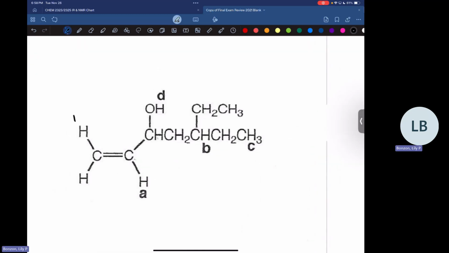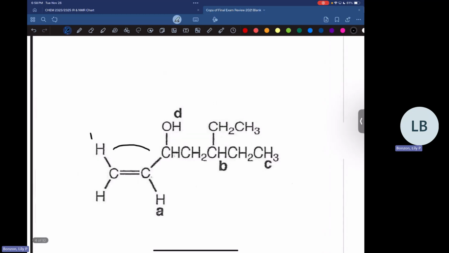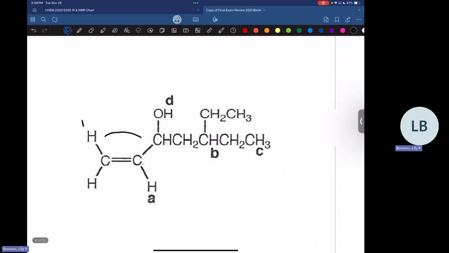We do have another hydrogen attached to the same carbon, but whenever we have a double bond, we need to take consideration of the stereochemistry. So on the top, this hydrogen is adjacent to that big chain, the rest of the molecule. On the bottom, this hydrogen is directly next to another hydrogen. So in a double bond, the splitting pattern is actually going to be, or could be different between hydrogens of the same carbon because of the stereochemistry and the double bond not being able to rotate.